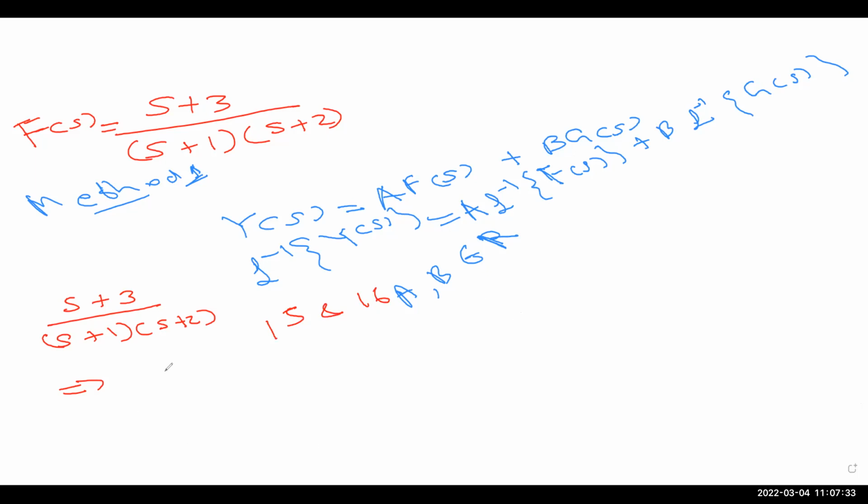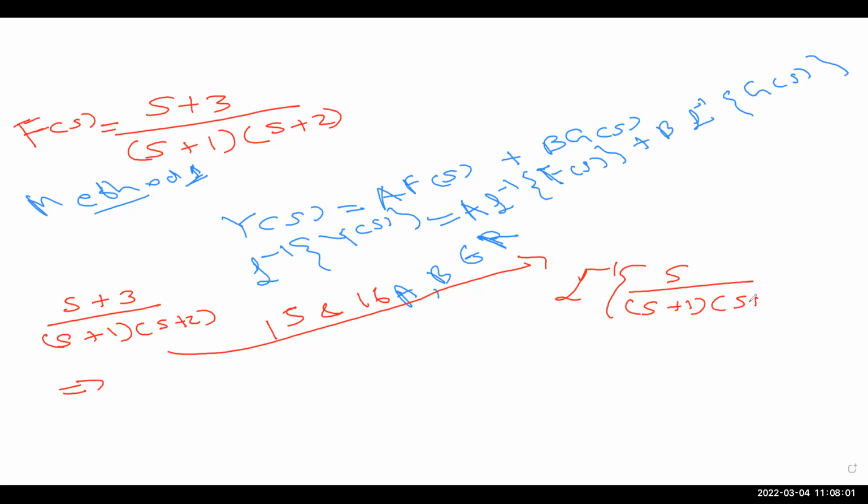So I will go to a new page. What I can do is write the inverse Laplace of s over (s plus 1)(s plus 2), plus the inverse Laplace of 3 over (s plus 1)(s plus 2).